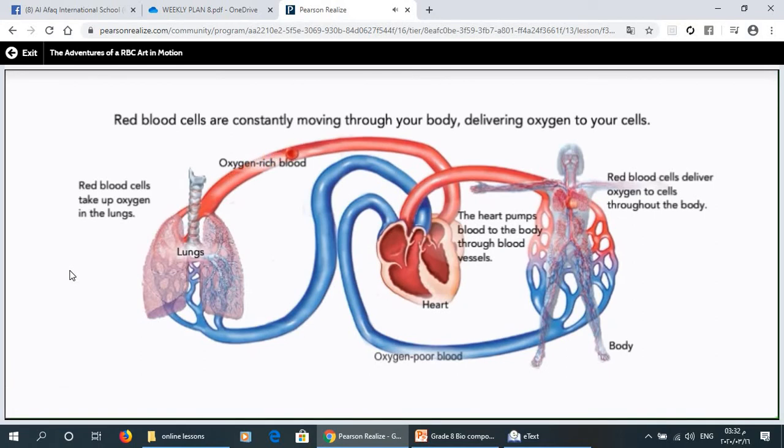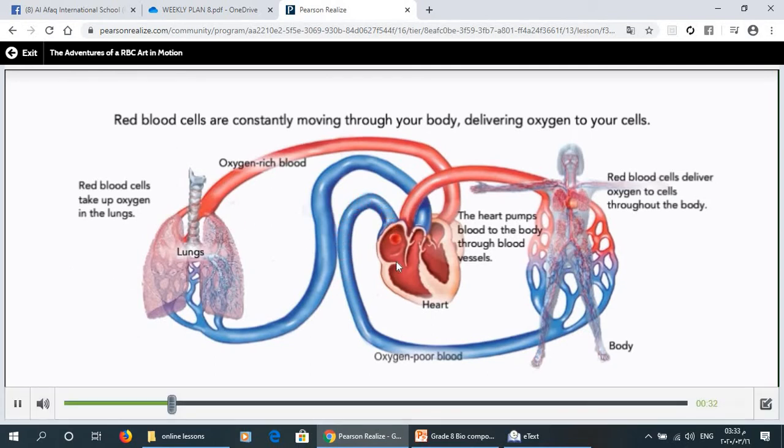Red blood cells are constantly moving through your body, delivering oxygen to your cells. As we can see here, the red blood cells go back to the lungs to exchange gases.